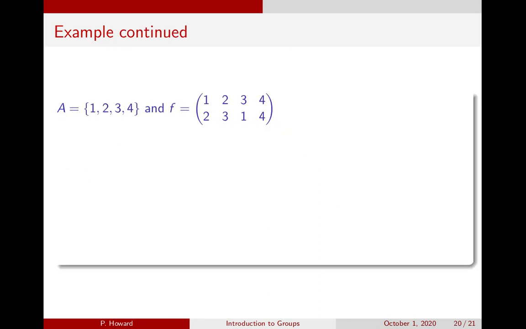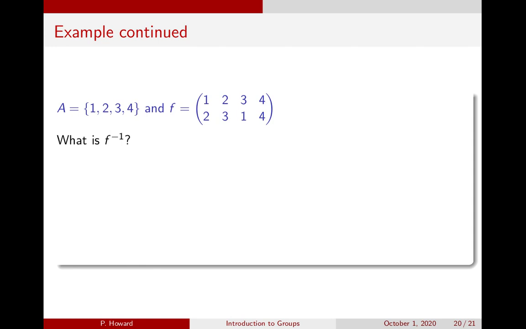Okay, so now let's look at the problem of finding the inverse of an element of Sim A. In this example, A is the set consisting of the integers 1 through 4 again, and F is this permutation of the set capital A. I know it's a permutation because every element of capital A appears exactly once in the bottom row. Now I want to find F inverse.